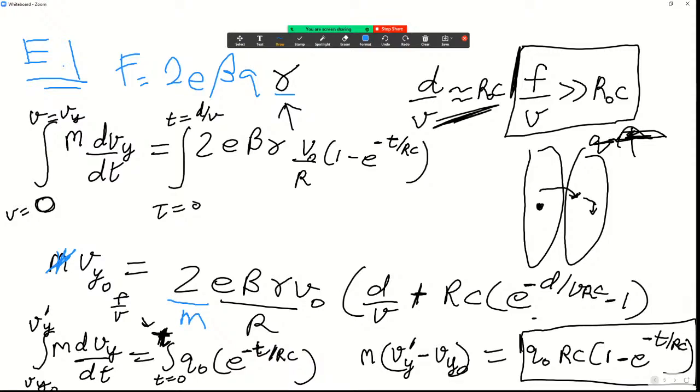So here we have to find Vy0 by the charging process. So the charging integral is also very ugly.